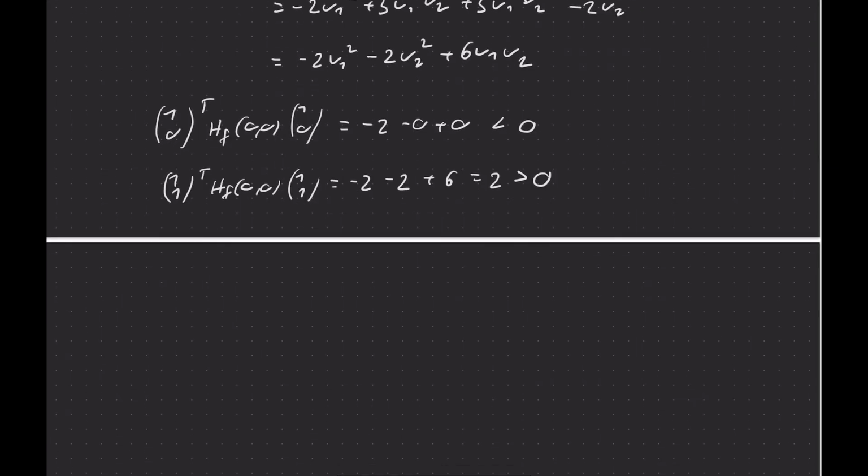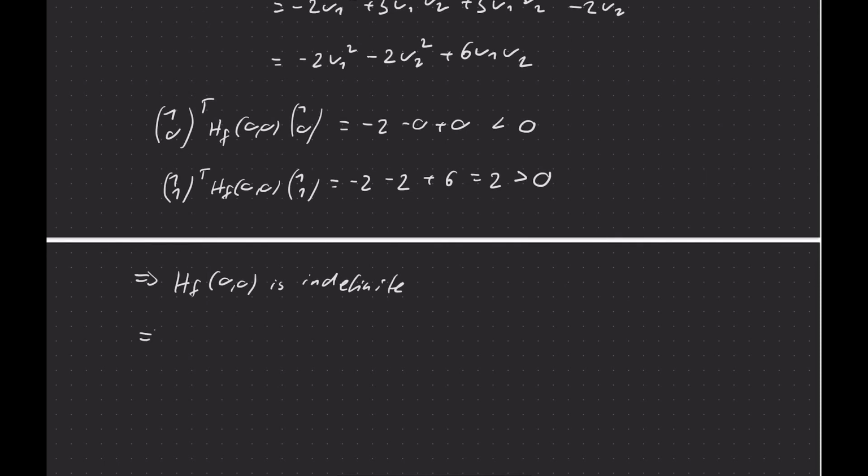Okay, so it turns out there are vectors where this product V transpose times the Hessian times V is positive. There are vectors where this is negative. So the matrix is indefinite. HF at 0, 0 is indefinite.